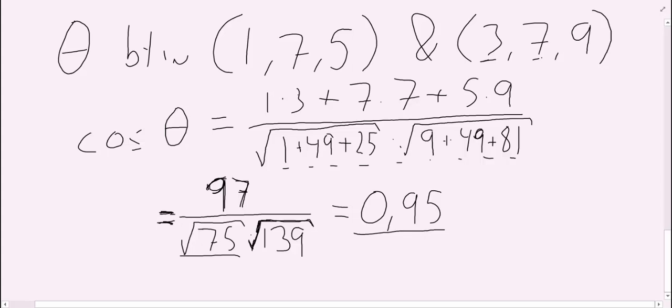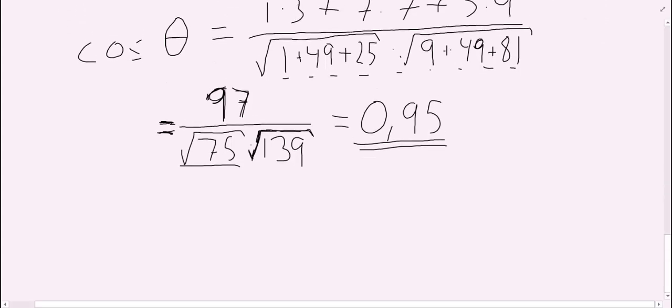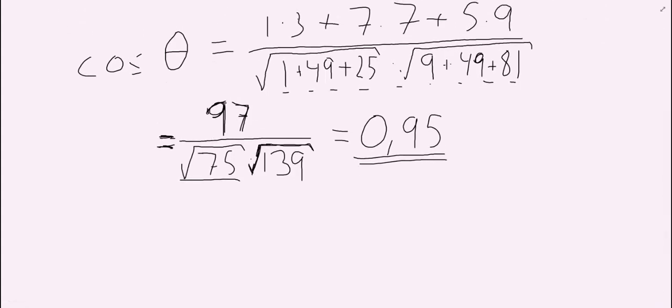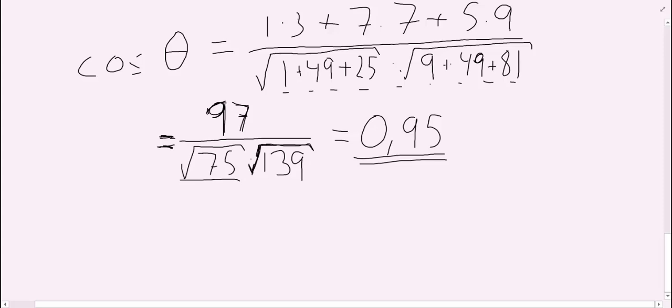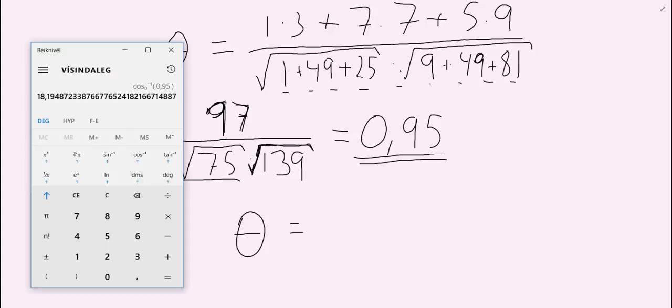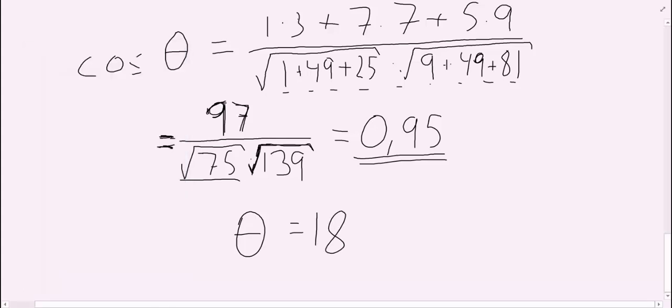So okay, if the cosine equals that, then we can say 0.95 cosine, and the angle itself, angle equals 18.2 degrees.